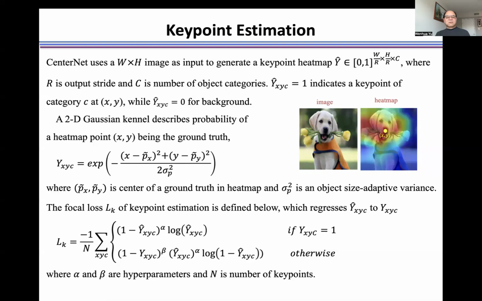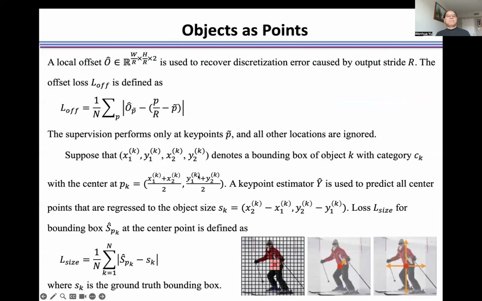The focal loss L K of keypoint estimation is defined as here, which regresses Y hat XYC to Y XYC, where alpha and beta are hyperparameters and N is the number of keypoints.